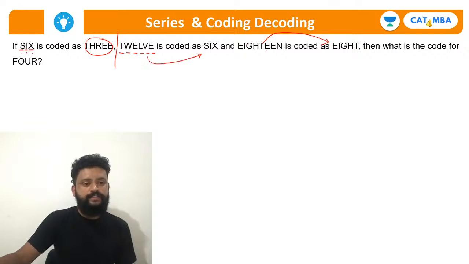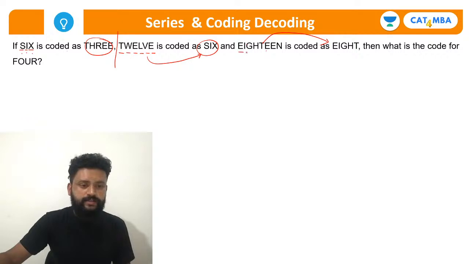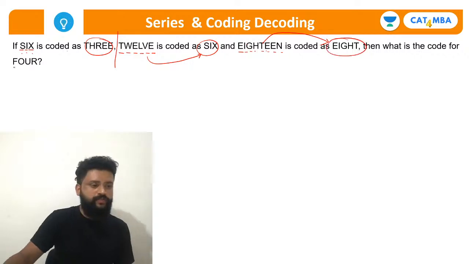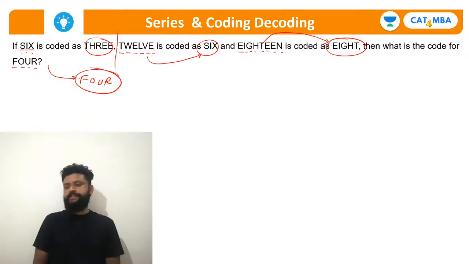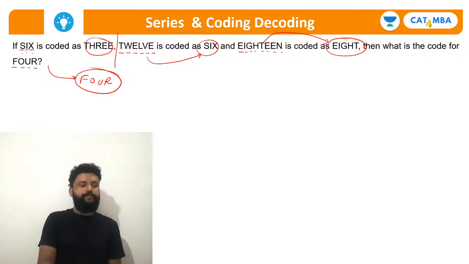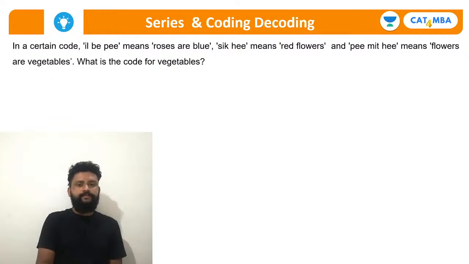There are 6. Now, if you count the letters in 18, E, I, G, H, T, E, E, N, we get 8 letters. So for 4, F, O, U, R, there are 4 letters. So it's read as 4. Right, Nicole. That's great. Now, next thing.